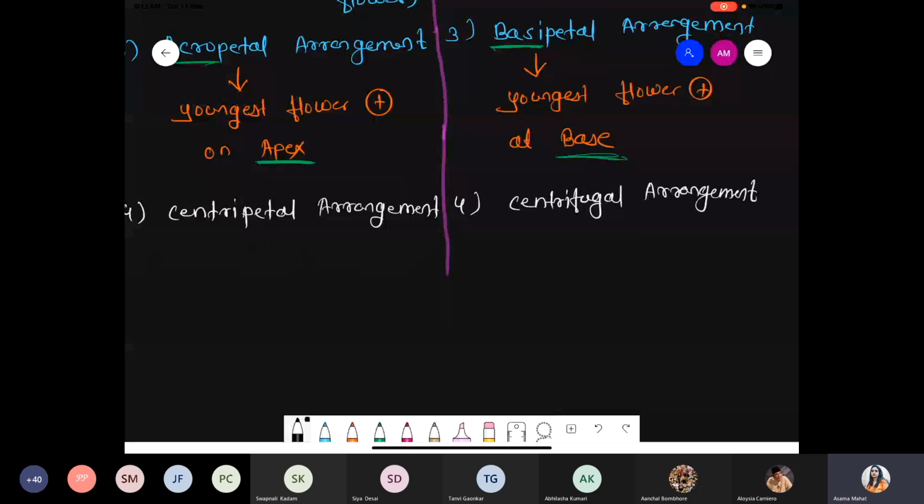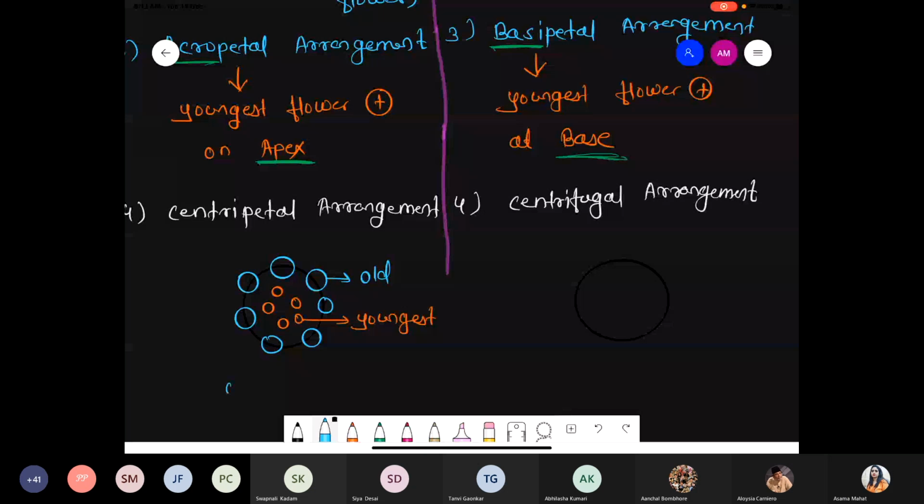And the old flowers are present towards the periphery, on the outer side. Such an arrangement is called centripetal arrangement.